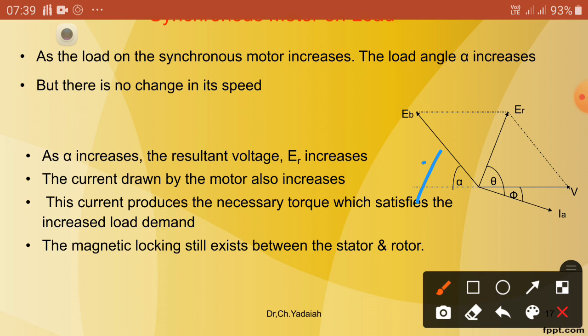If alpha increases further, ER also increases, then the armature current also increases, when the load on the motor is increased. This current produces the necessary torque which satisfies the increased load demand. Hence it maintains the constant speed. The magnetic locking still exists between the stator and rotor axis.